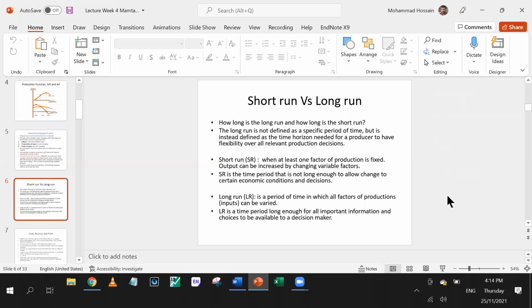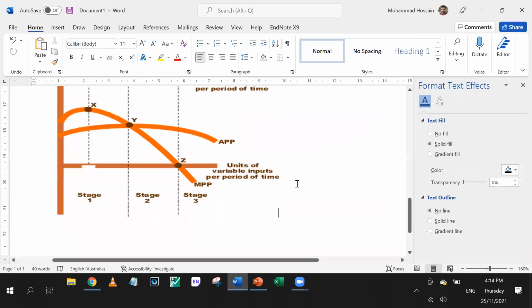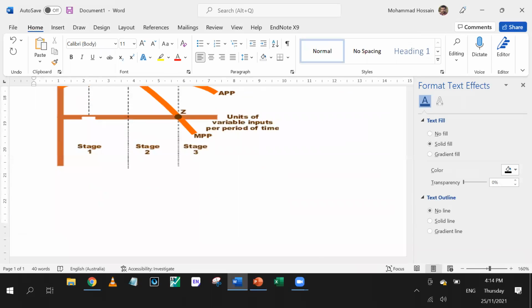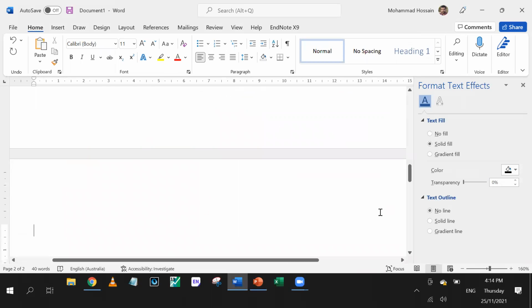Now, let's talk about short run and long run. What is short run? What is long run? In every production, anywhere you go, there are what are called factors of production.